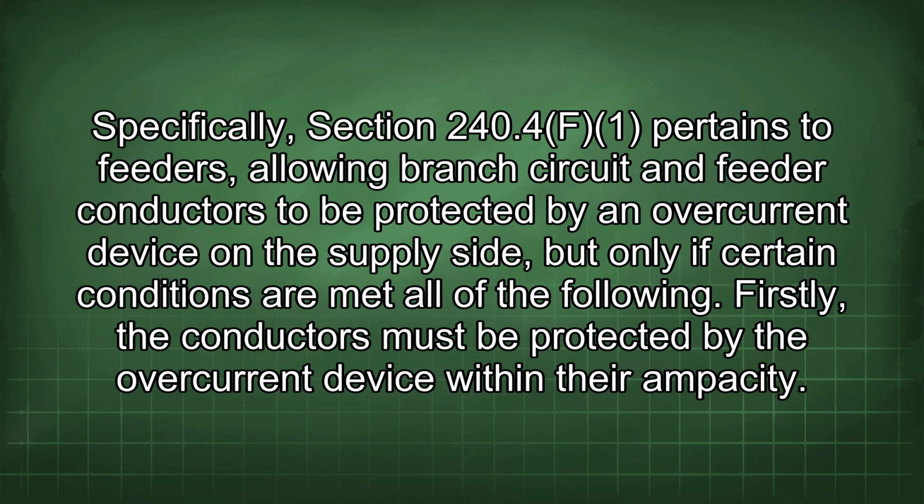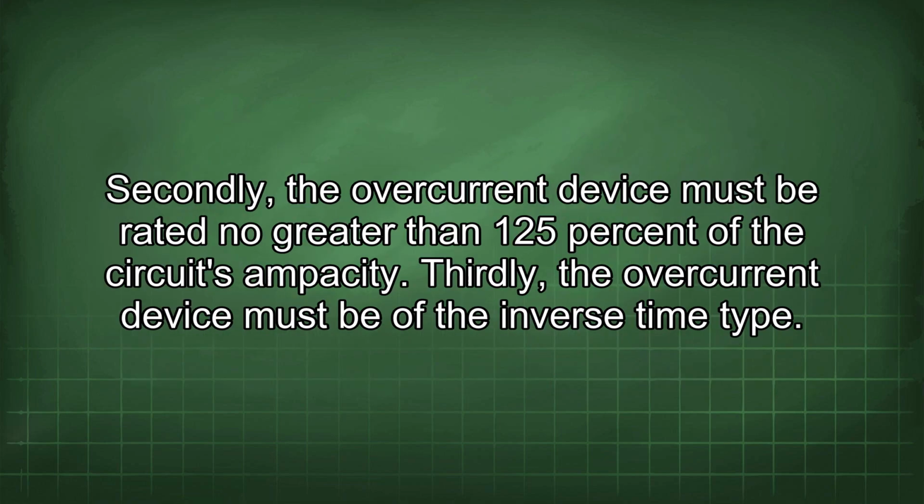Specifically, Section 240.4(F) pertains to feeders, allowing branch circuit and feeder conductors to be protected by an overcurrent device on the supply side, but only if certain conditions are met. All of the following. Firstly, the conductors must be protected by the overcurrent device within their ampacity. Secondly, the overcurrent device must be rated no greater than 125% of the circuit's ampacity. Thirdly, the overcurrent device must be of the inverse time type.